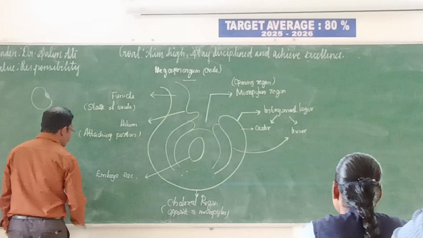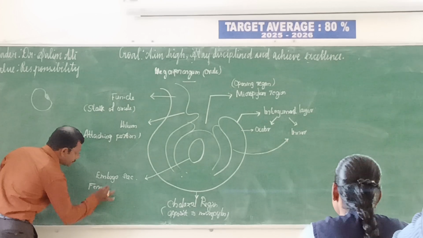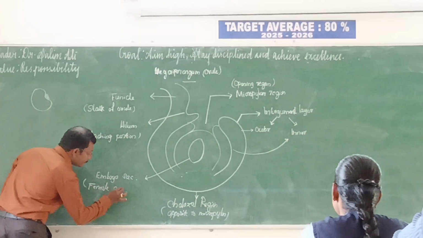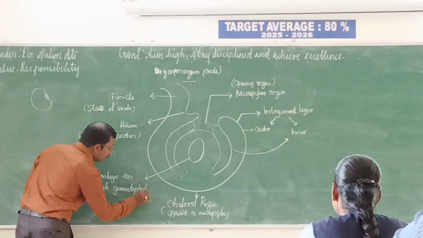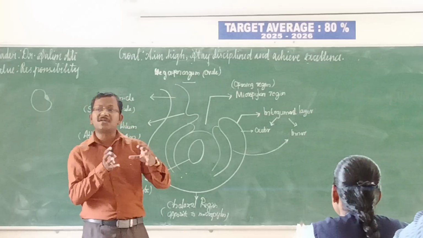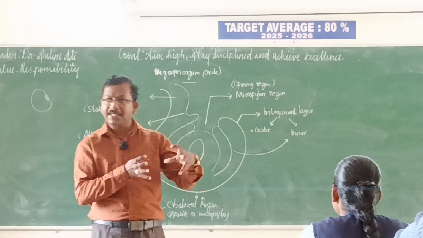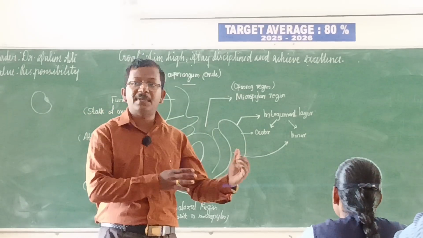It has one more name, female gametophyte. That means a gamete-producing structure inside the plant body, the female gamete-producing structure, is called the female gametophyte.